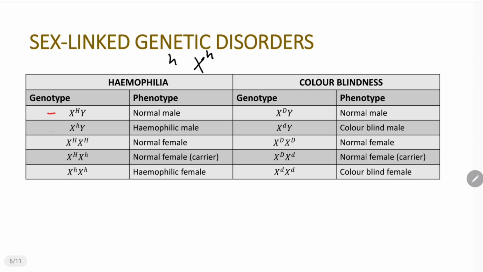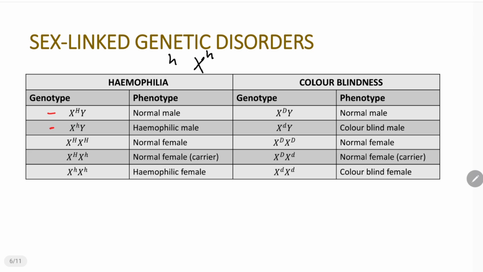So this is the normal male, but a male that has got hemophilia, his genotype is going to be X small letter h, capital letter Y, right? So this male is going to have hemophilia. Hence we say this is a hemophilic male, simply saying that this is the genotype of an individual with hemophilia.